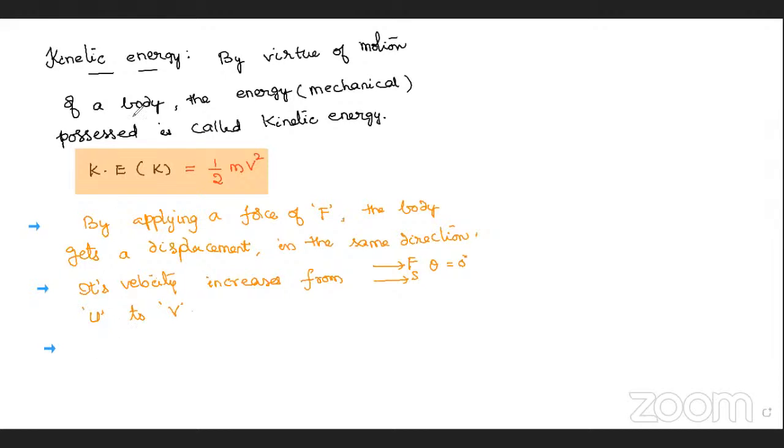Then here you can easily prove that the work done is the change in kinetic energy. Very easy. How? Simple. W is equal to, since they are in the same direction, the integral of F dot ds or simply F into s. Which one do we prefer, sir?